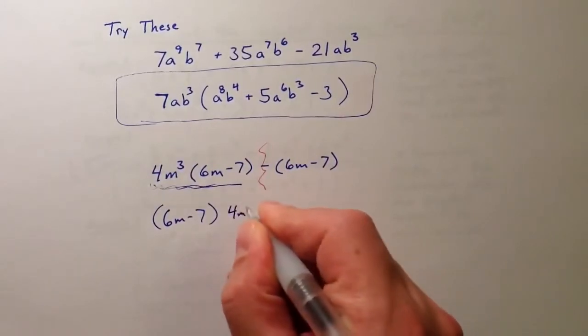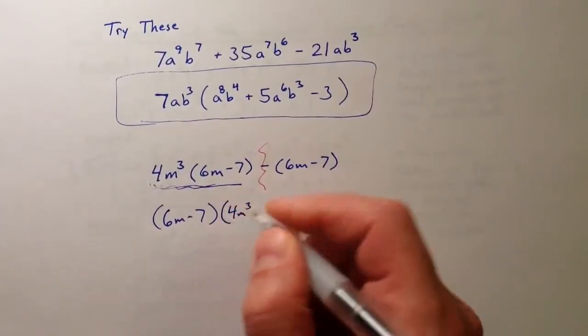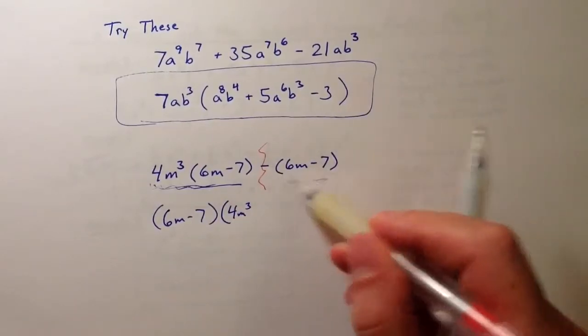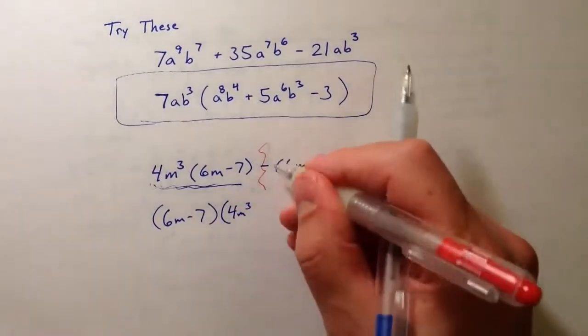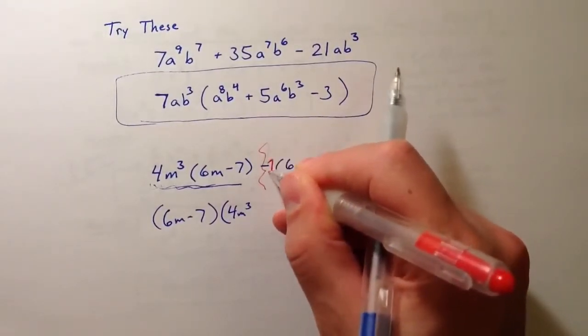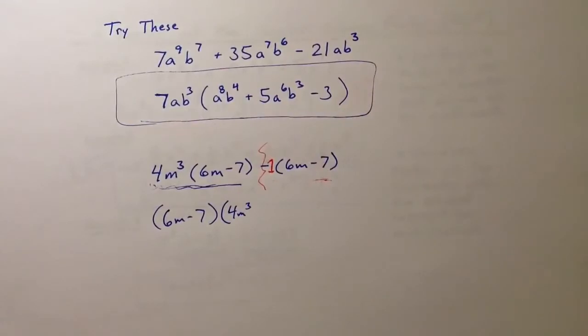So I'm going to separate that with a parenthesis. And then behind that minus sign, there's just 6m minus 7. But I can think of that as negative 1, because of the minus sign, negative 1 times 6m minus 7.